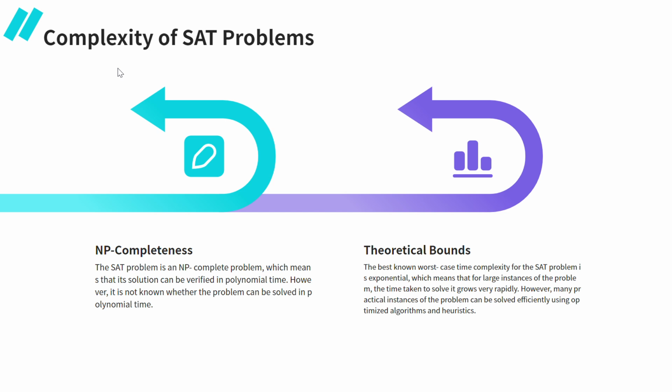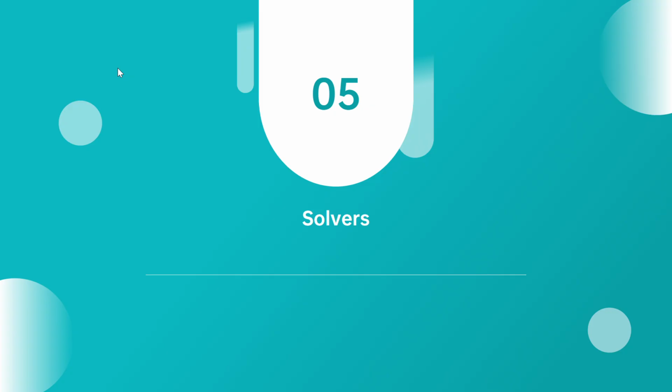Theoretical bound: the best worst-case complexity for the SAT problem is exponential, which means that for large instances of the problem, the time taken to solve it grows very rapidly. However, many practical instances of the problem can be solved efficiently using optimized algorithms and heuristics.